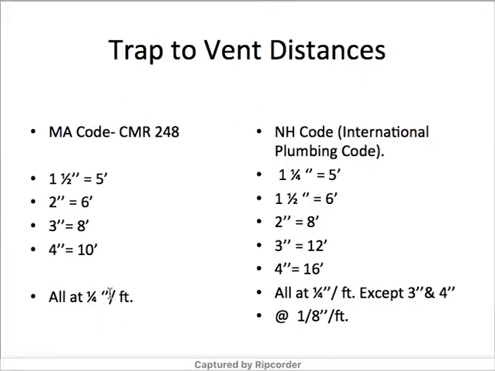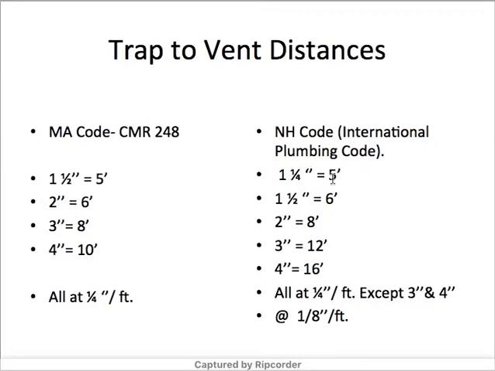That's all that is. New Hampshire code is the International Plumbing Code, which is what most states, if I'm not mistaken, go by for the plumbing code, and that's what CMR 248 is loosely based off of. And then Massachusetts gives it its own little spin. But anyhow, they start off at 1.25-inch pipe.